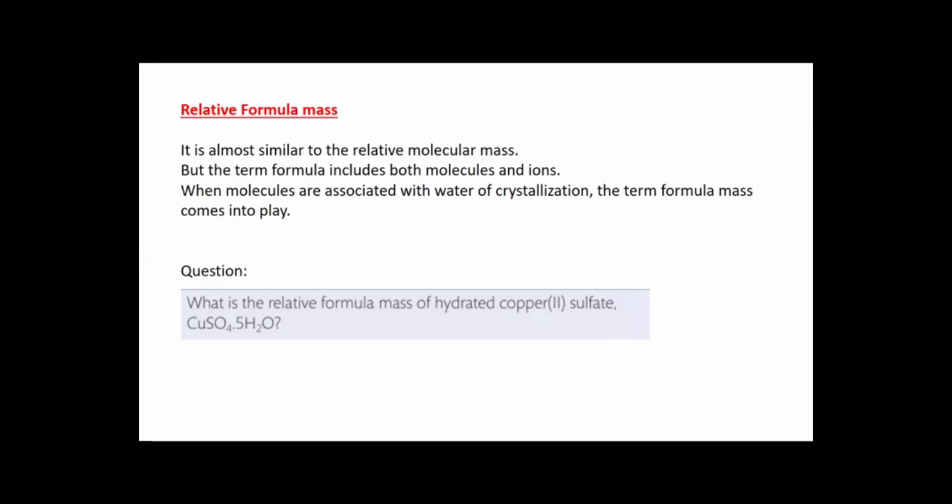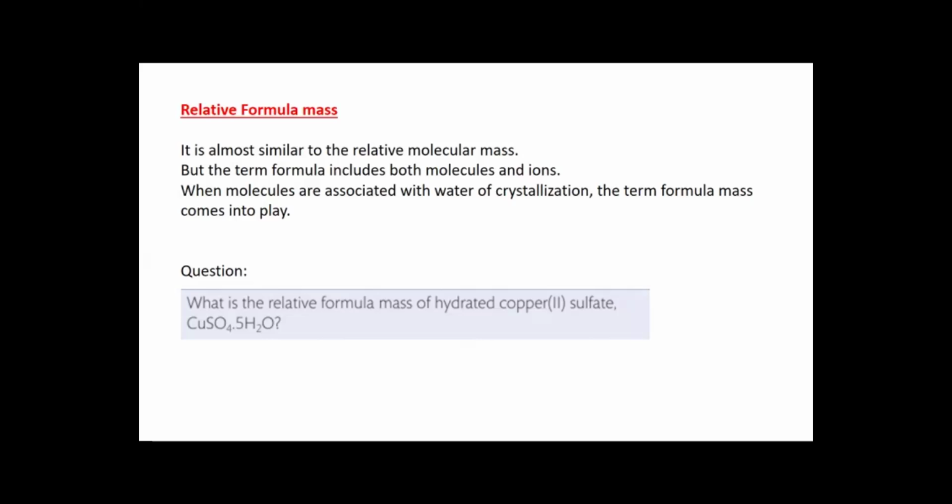So you can say CuSO4.5H2O. So this is a formula. This is the formula for the hydrated copper sulfate, right? So if they ask you to calculate the relative formula mass of this, you have to calculate the mass of this entire thing.